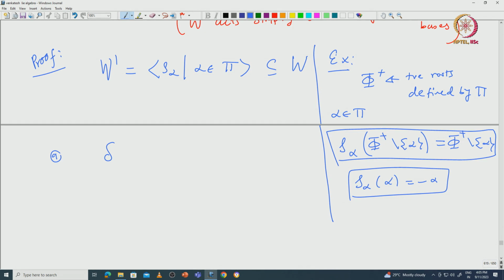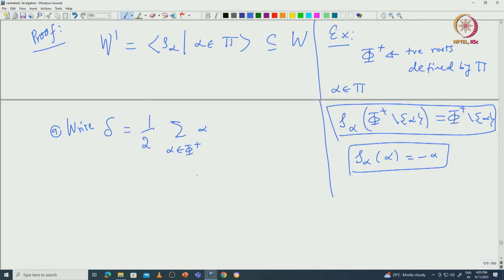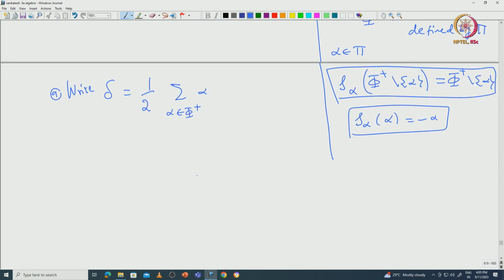the positive roots. Now we write delta to be the sum of positive roots, alpha coming from phi plus. Then we can choose sigma coming from W dash such that the inner product of sigma gamma with delta is as big as possible.